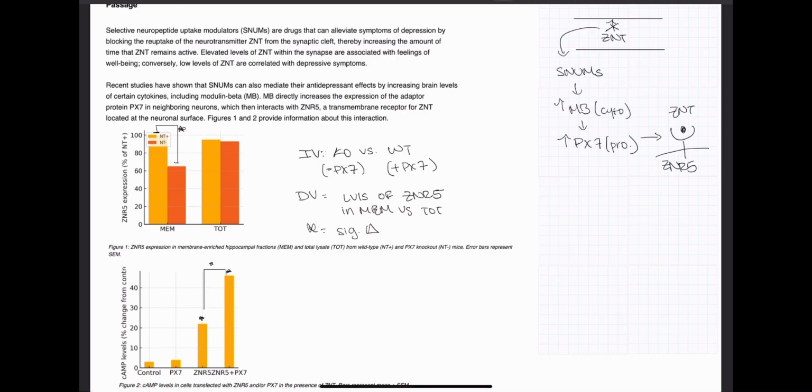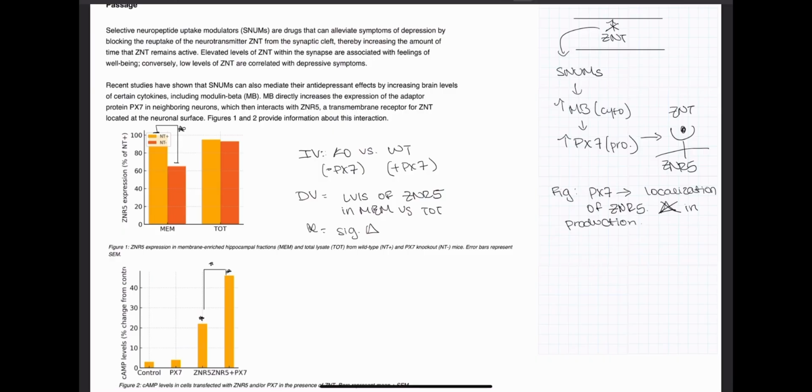So figure 1 is telling us that PX7 leads to localization of ZNR5. No change in production. The amount produced is still the same, but the localization on the membrane is different when PX7 is knocked out for ZNR5.